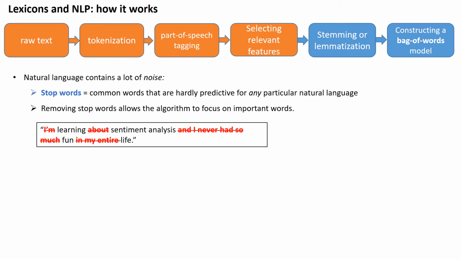Here is again our example sentence: "I'm learning about sentiment analysis and I never had so much fun in my entire life." Although all those words are very important to assign a correct meaning to that sentence, the words "I am," "about," "in my entire," and "and I never had," etc. are so common that we can just delete them because they're not predictive for any particular utterance as such.